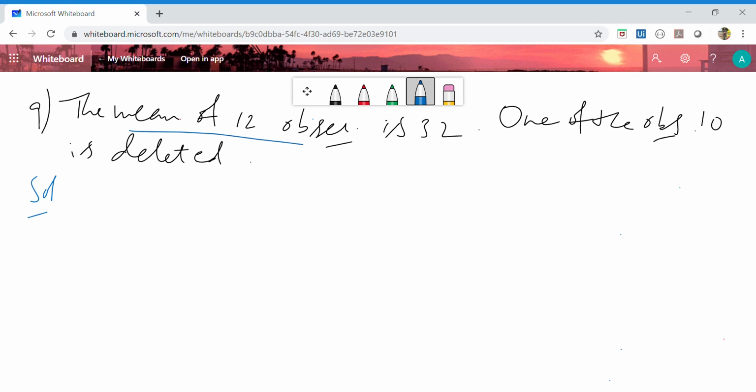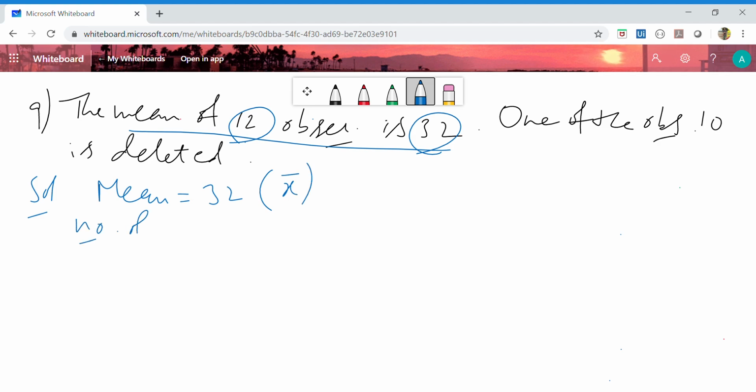Mean of 12 observations is 32. So what is 32? Mean is 32. What is 12? Number of observations. Mean is represented by x bar and number of observations is indicated by n.